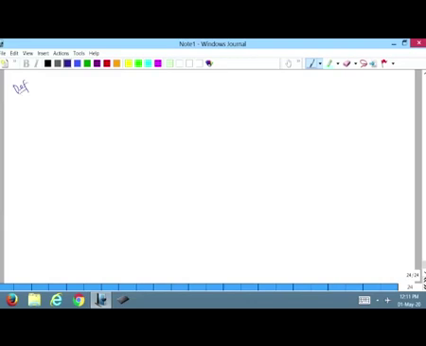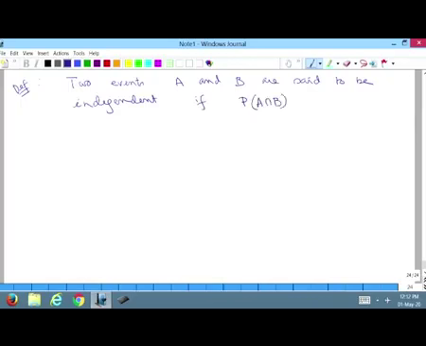Another important definition is two events A and B are said to be independent if probability A intersection B is equal to probability of A into probability of B.